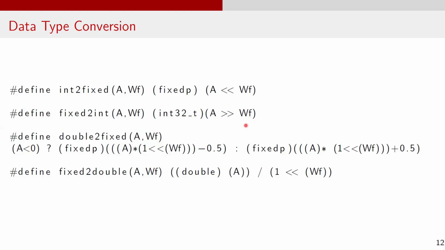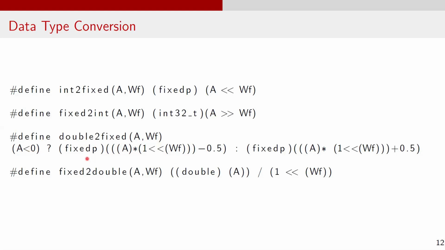Now let's look at the macros to define conversion functions between double and fixed point. First, the double to fixed. This macro converts a double variable a to a fixed point representation with WF fractional bits. First, it checks if a is negative.